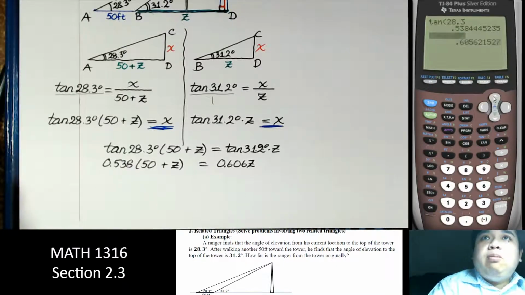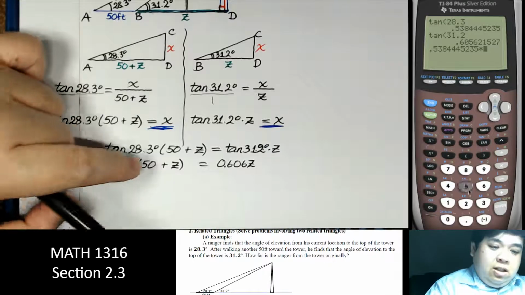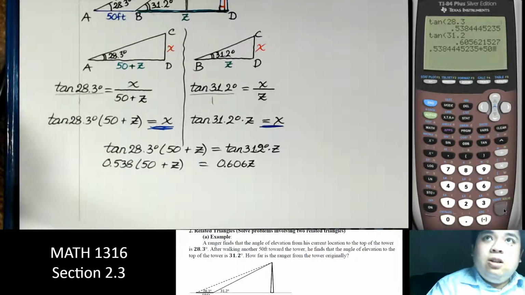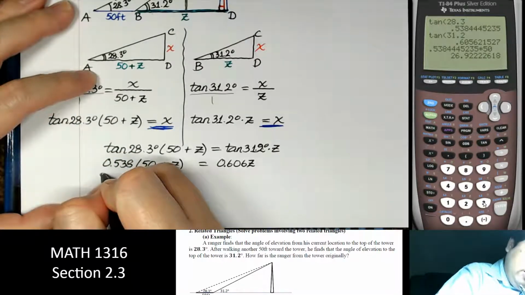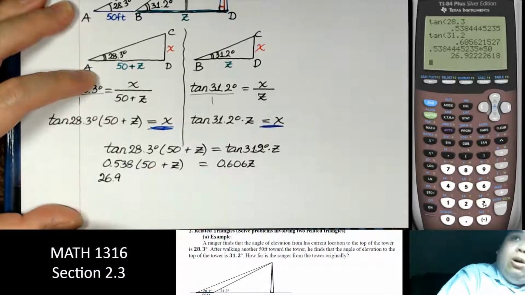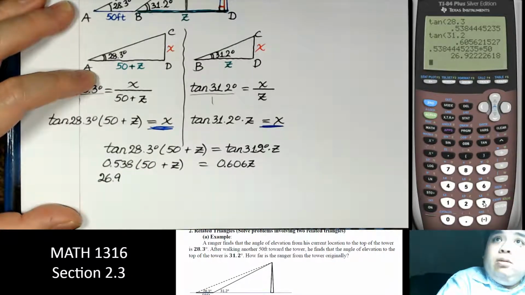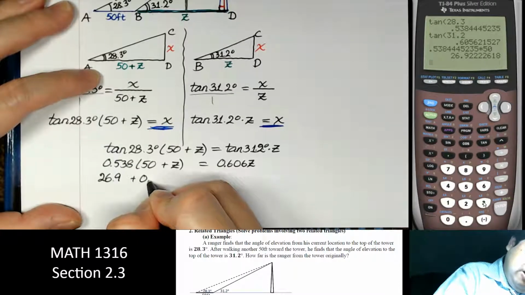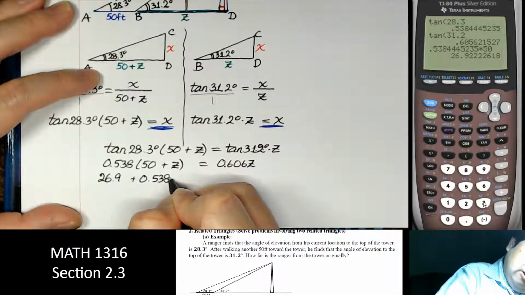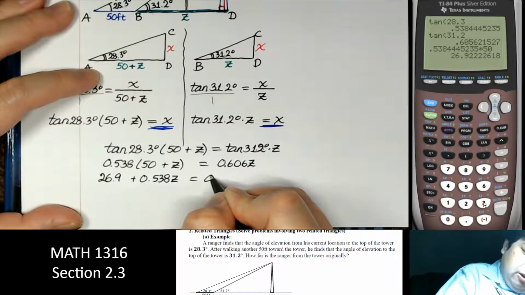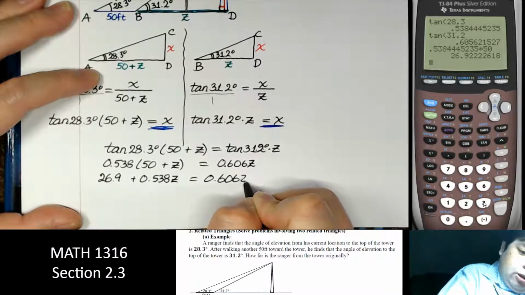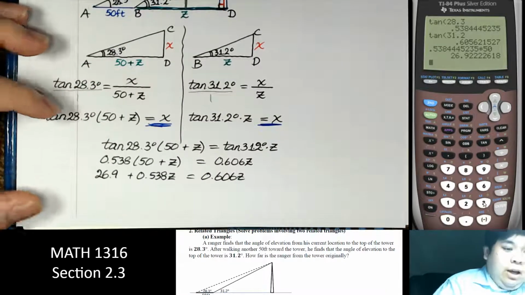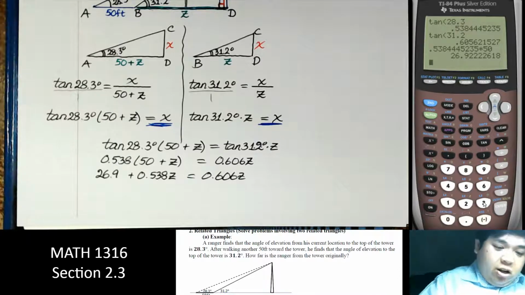First we have this number times 50, multiply them out, 26.9, and that times z, and then subtract this to the other side.